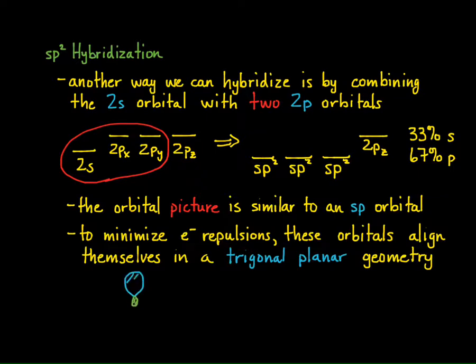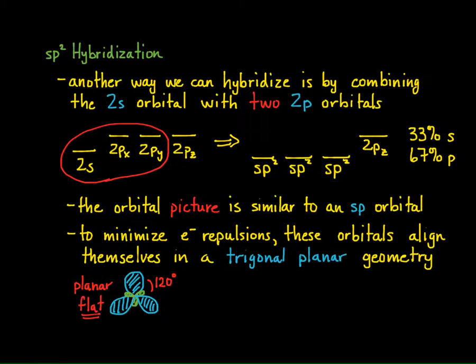So to represent that, I'm going to draw the orbitals as being in the plane of the board, and I'd have these 3 sp2 orbitals, right? Understand that they are planar. What does that mean? That means they are flat, right? They are all in the plane of the board, and the bond angle is 120 degrees.